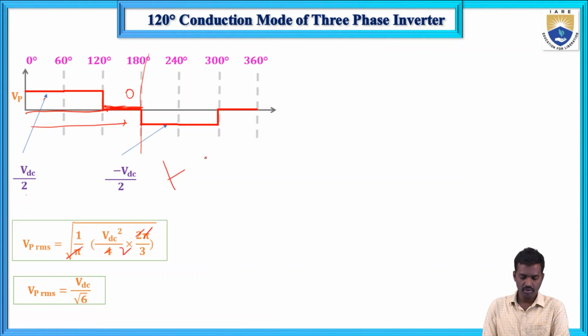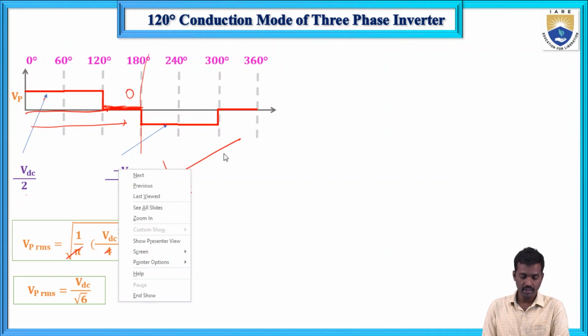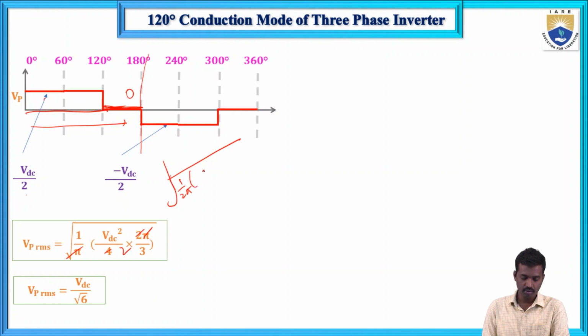In another way also we can determine. So this is under root 1 by 2 pi, from 0 to pi.